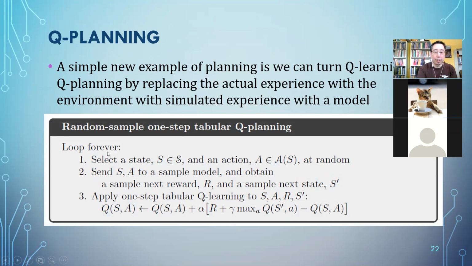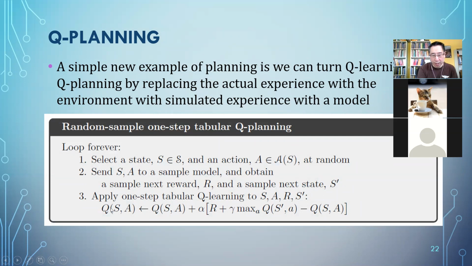So in this algorithm, you select states and actions, in this case at random. We send that to our model to obtain what the model predicts is the reward and the next state. And then this update is the exact same update that we did in Q-learning, okay?